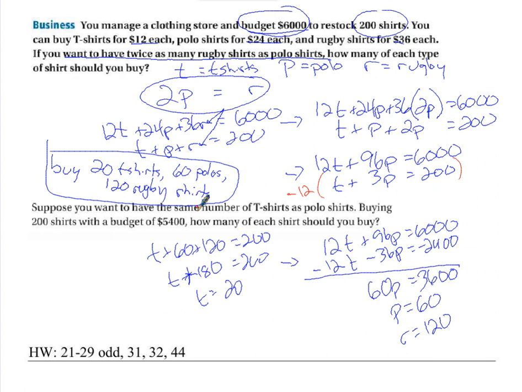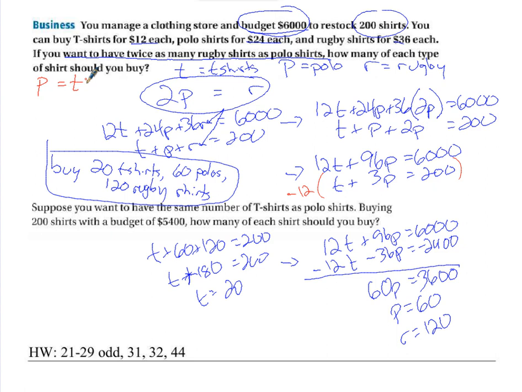What would my new system look like? I want the same number of polo as t-shirts. Yeah, P equals T. Then I want 200 shirts, and I want a budget of $5,400.